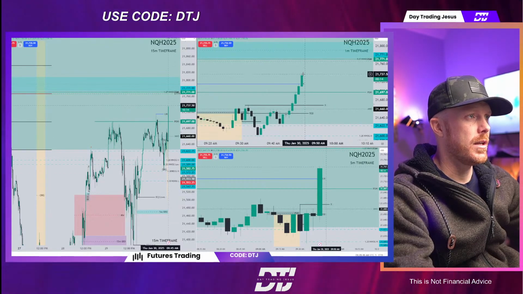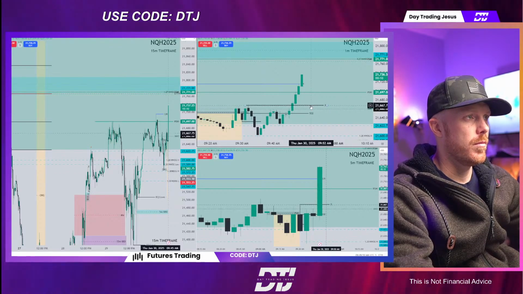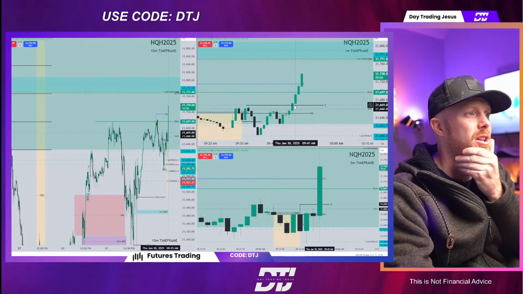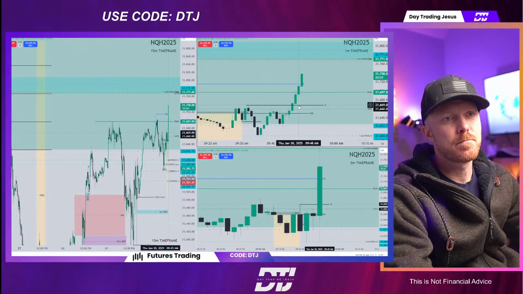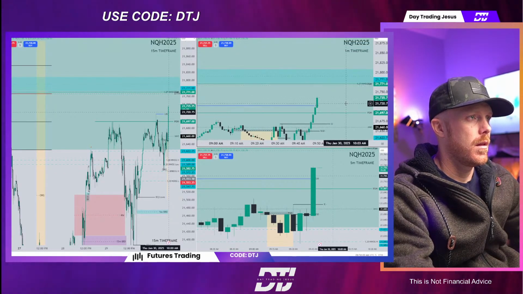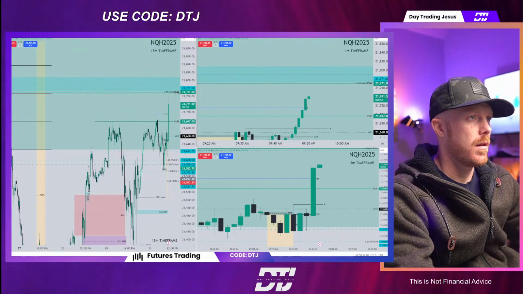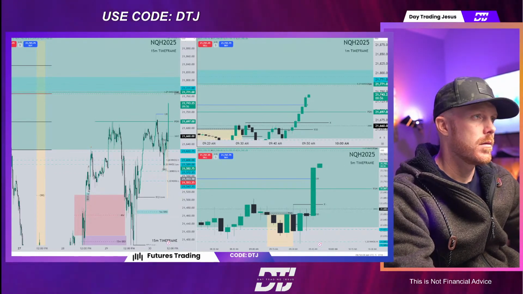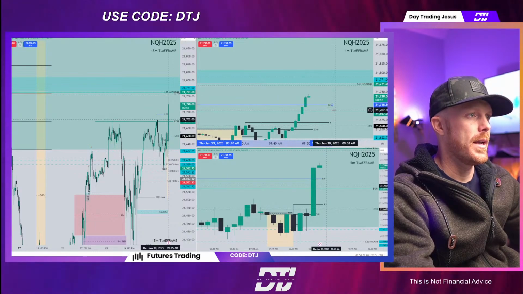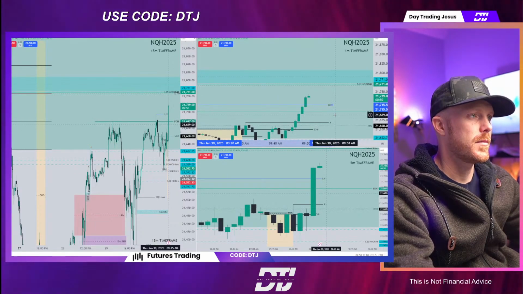So I can't take a long from this. I need to see a retracement. So do we get a retracement down to this level? I'm not sure. We may get it to the London high. That's more reasonable.